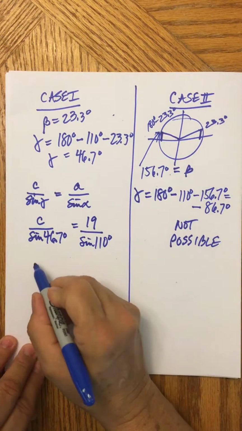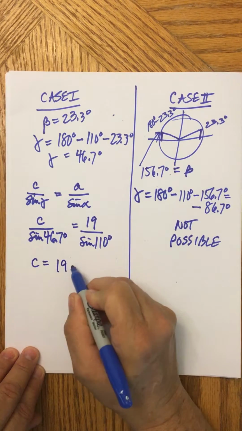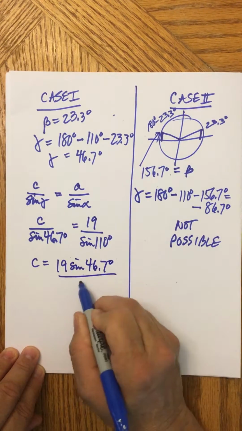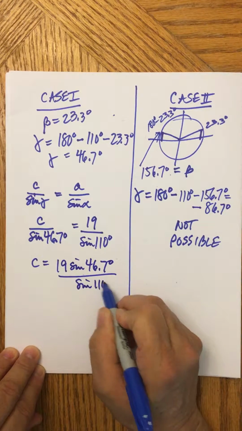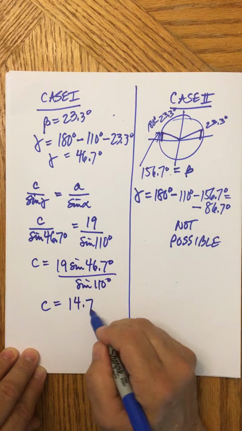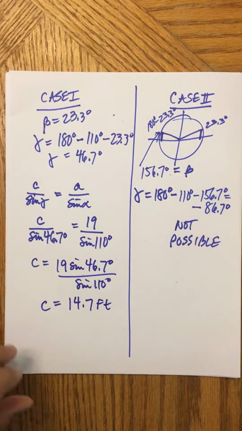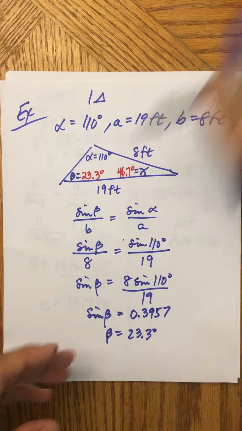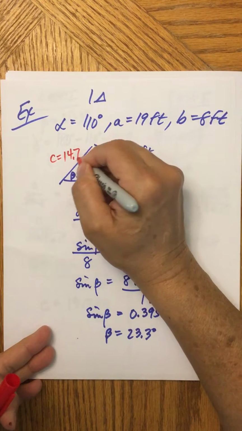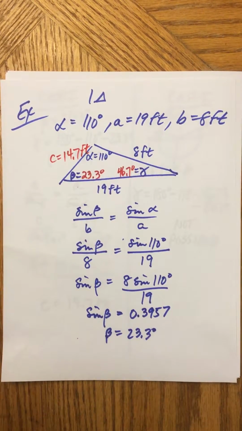And now I'm going to solve for C. C is 19 sine of 46.7 degrees over sine 110 degrees. When you put that in your calculator, you're going to get 14.7 feet. So here we have C is 14.7 feet.